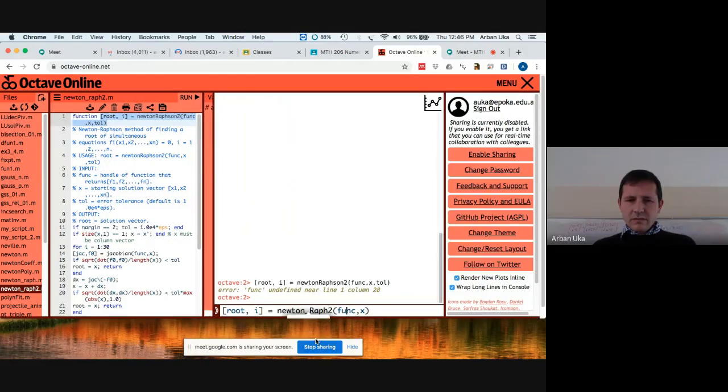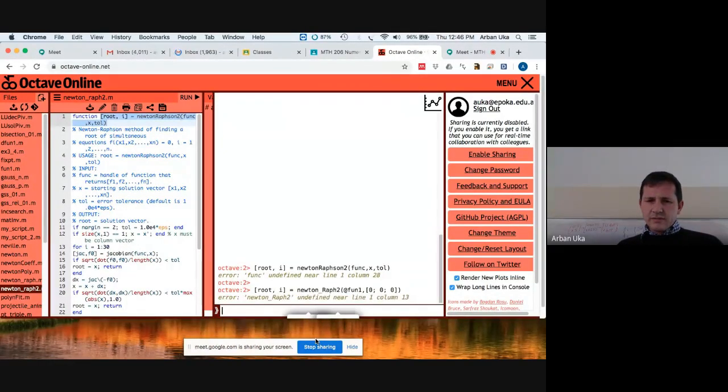We have to evaluate function 1, and now we have to insert. Let's assume we have the x0 for this system that was written on the board as 0, 0, 0.